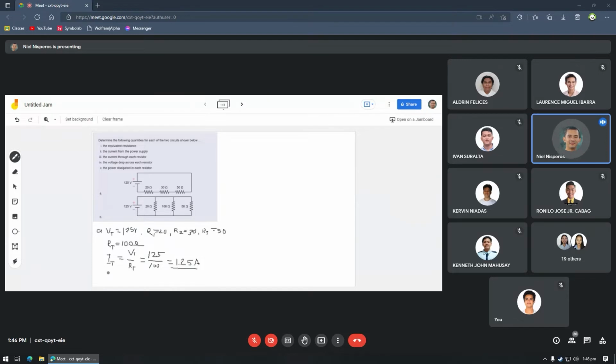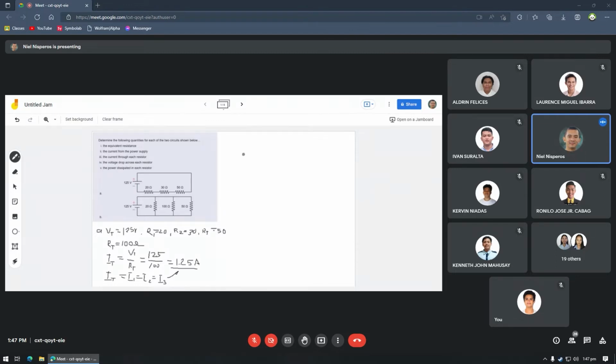So for the value of I1, I2, and I3, since this is series, we can just say directly IT is equal to I1 equals I2 equals I3, which is equal to 1.25.